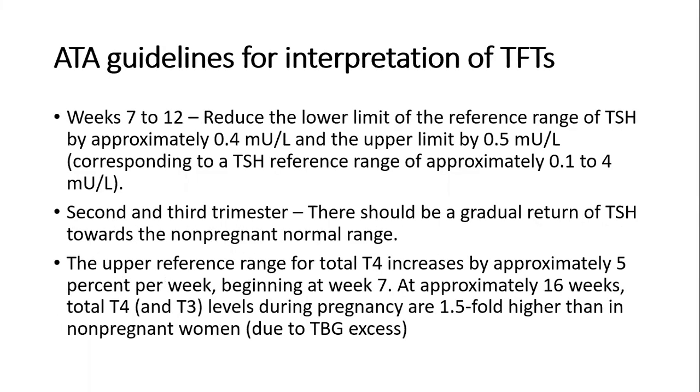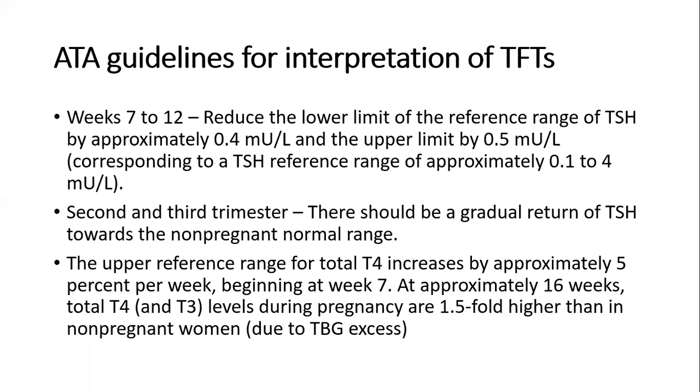So we have ATA guidelines for the interpretation of TFTs. Between week 7 to week 12, you have to reduce the lower limit of the reference range of TSH by approximately 0.4 milli international units per liter, and the upper limit by 0.5 milli international units per liter.